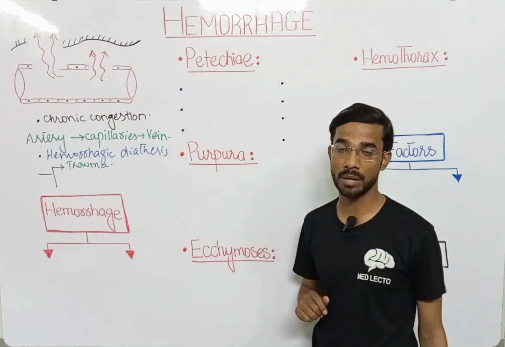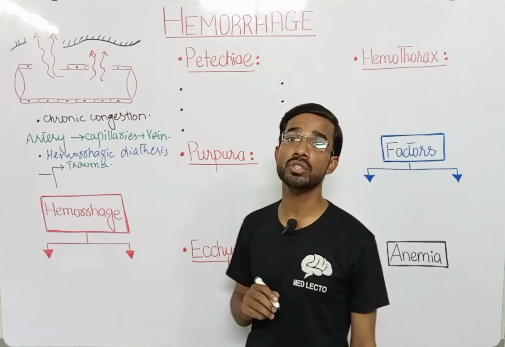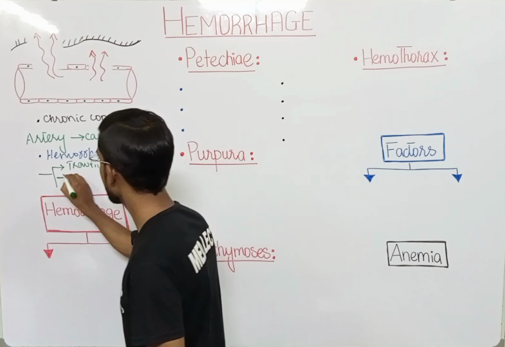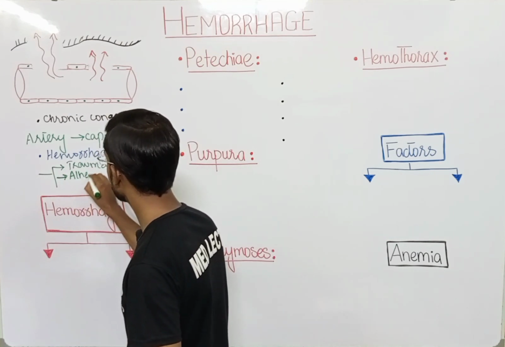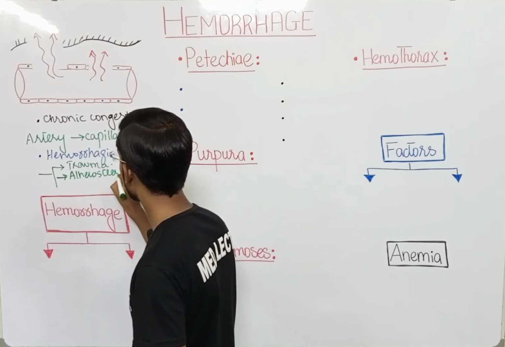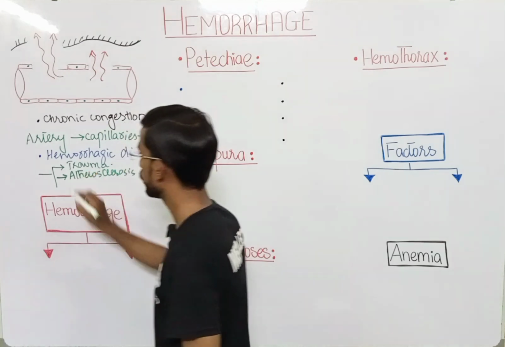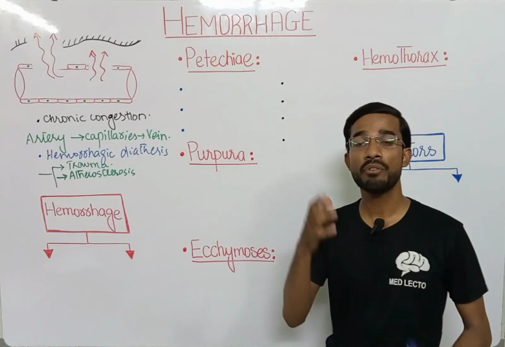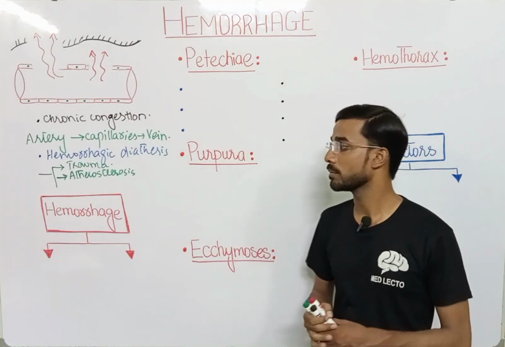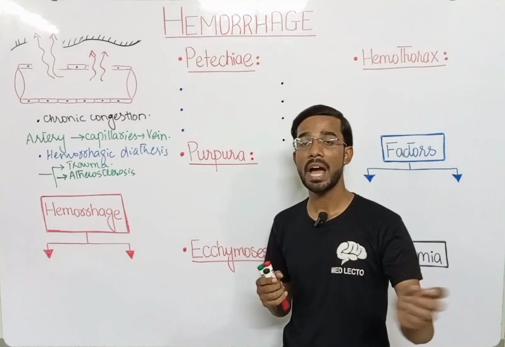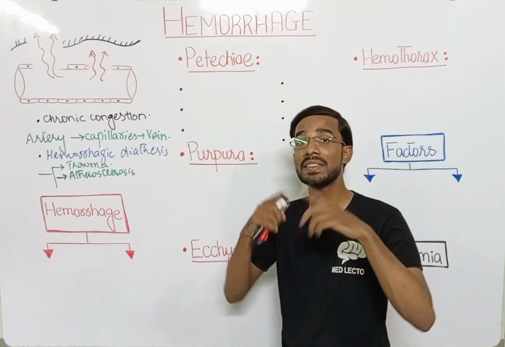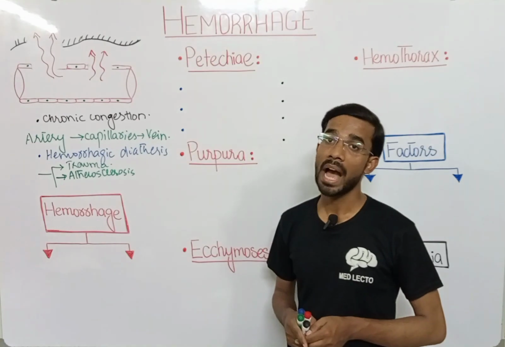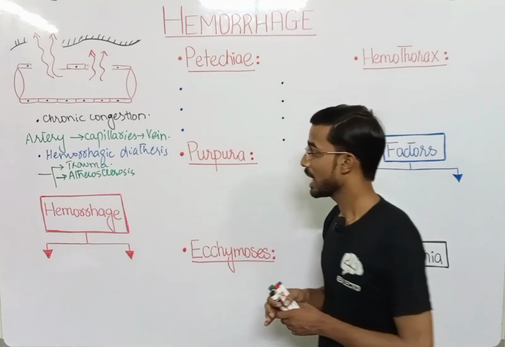This is the first condition. Second condition is atherosclerosis, in which you will see the formation of the fatty plaque in the blood vessel, and you will see the formation of the thrombus, and that causes the hemorrhage of the blood vessel.